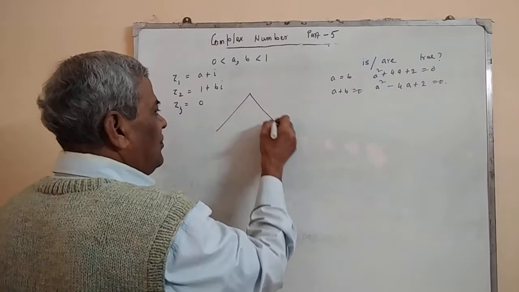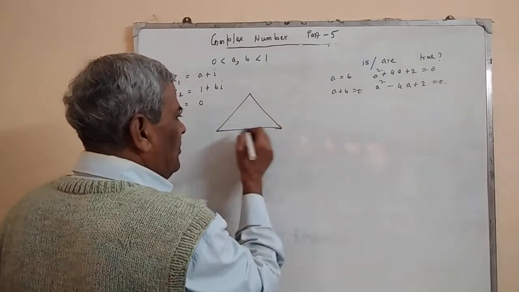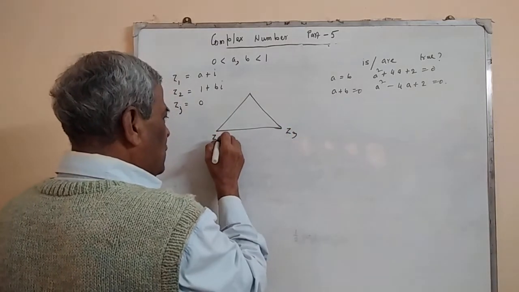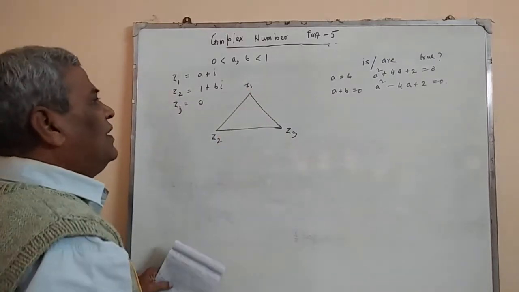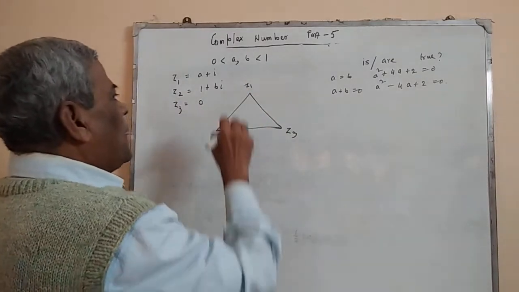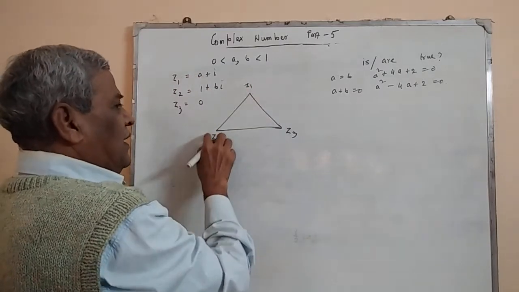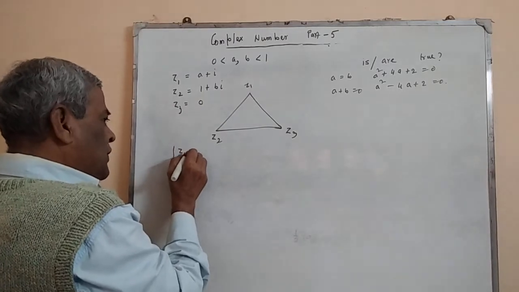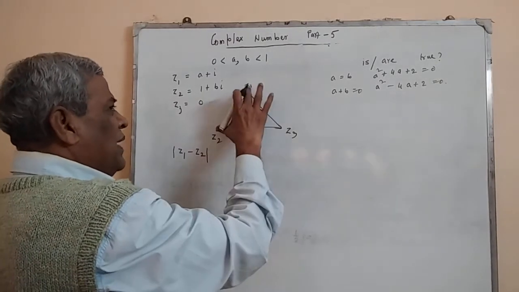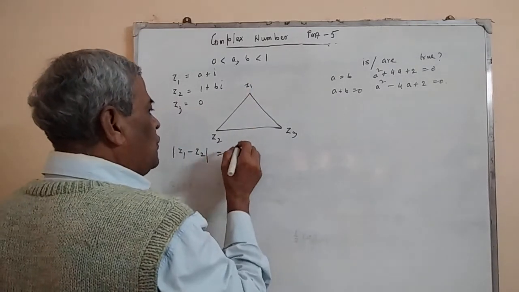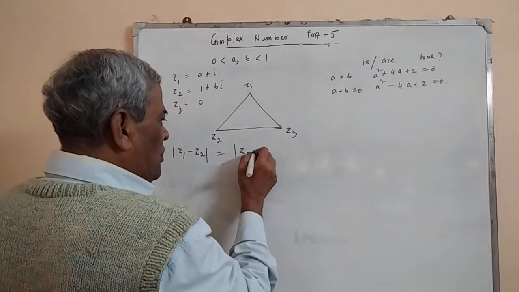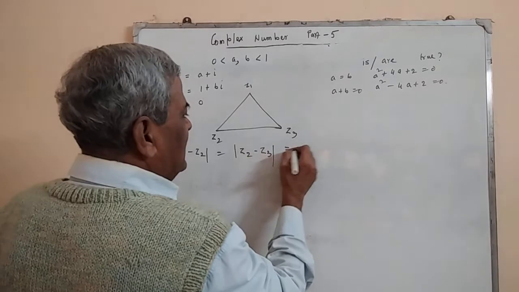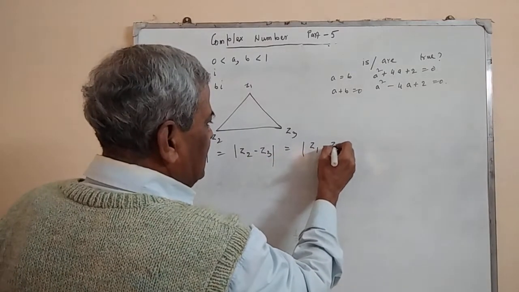So consider this triangle with vertices Z3, Z2, Z1. Now, because they form an equilateral triangle, the magnitude of Z1 minus Z2 must be equal to the magnitude of Z2 minus Z3, and this Z1 minus Z3.